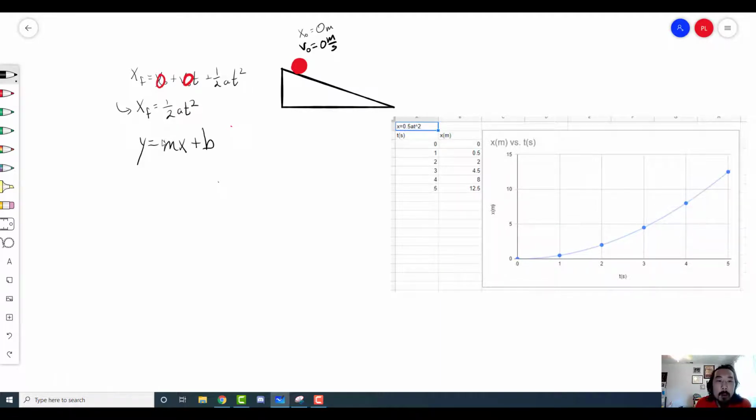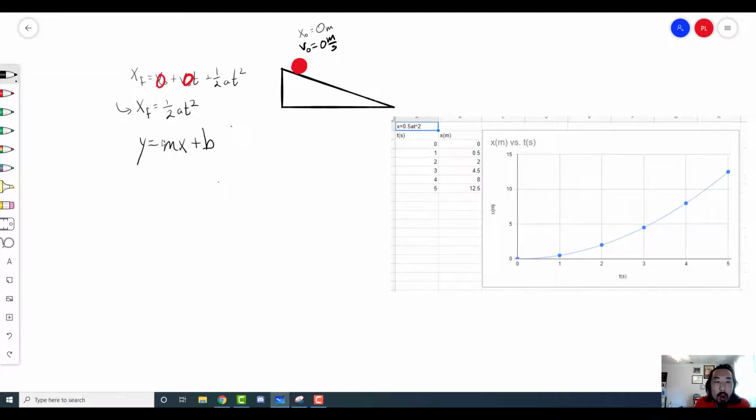This is the formula that's going to transform our data from this curved data into a straight line data. So I'm going to line up my equation xf is equal to 1/2 at squared with y equals mx plus b, and I'm going to line it up based off of our graph.